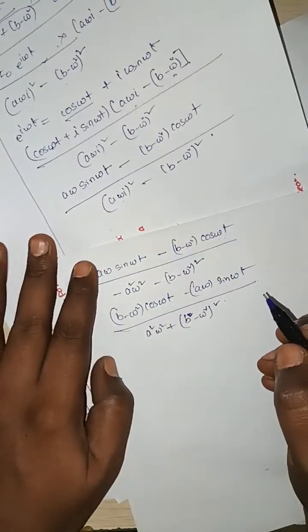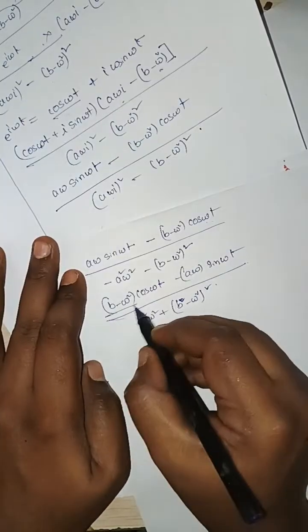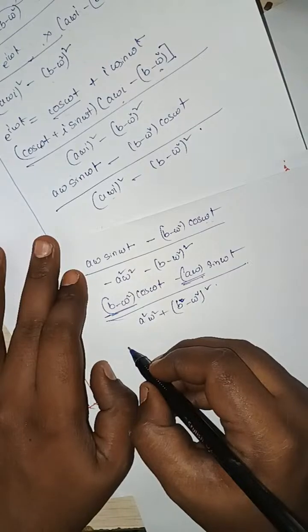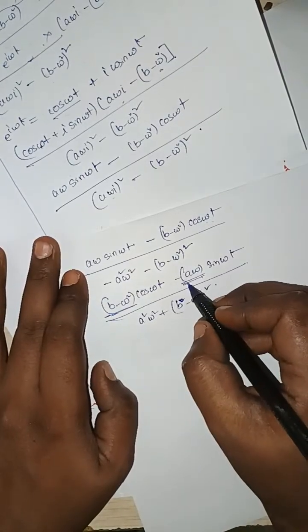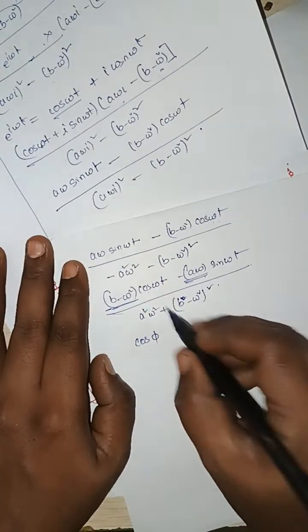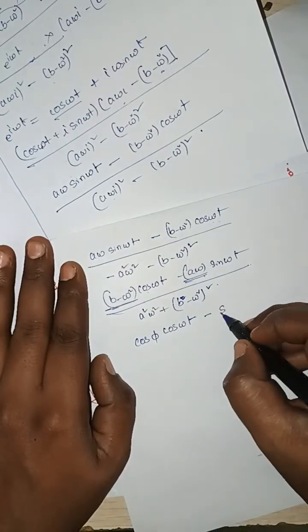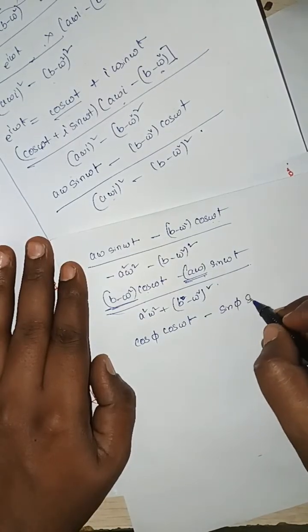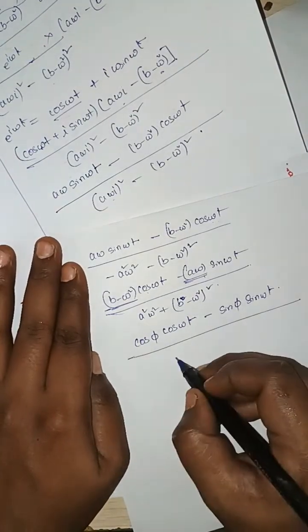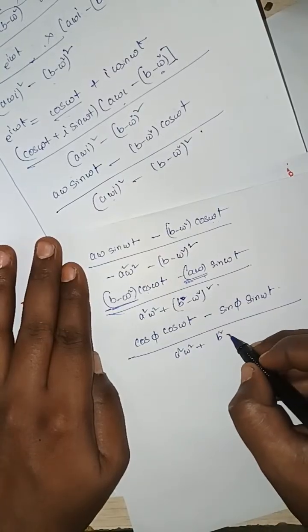B minus omega square, and finally we can write this as cos of phi minus sine of phi sine of omega t by a square omega square plus b square.